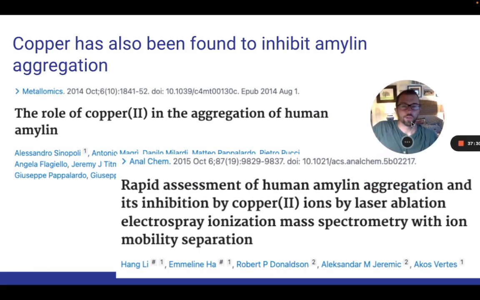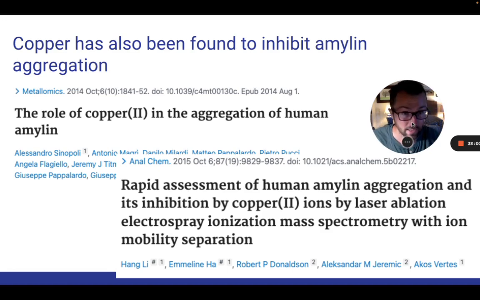Of honorable mention here is also copper. So copper has been studied independently for its ability to affect amylin aggregation forming those beta sheets that cause the plaques in brain cells. Copper has been shown to inhibit the formation of those beta sheets, of those plaques in brain cells.